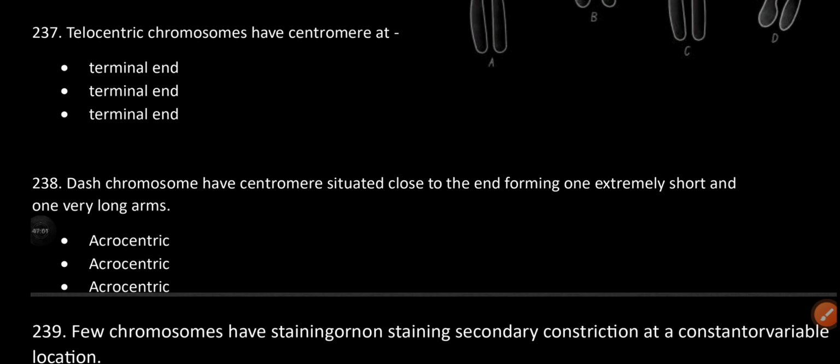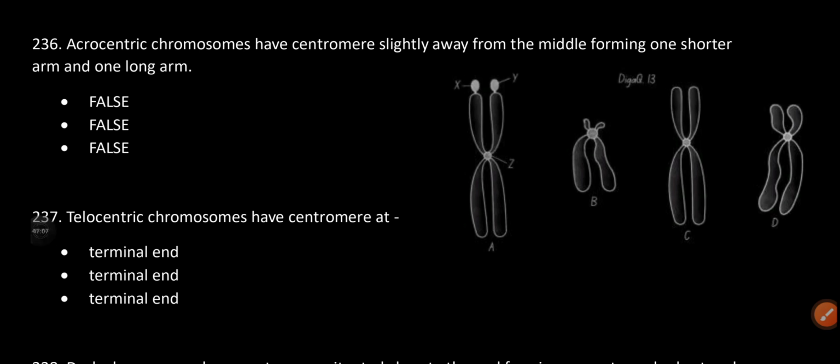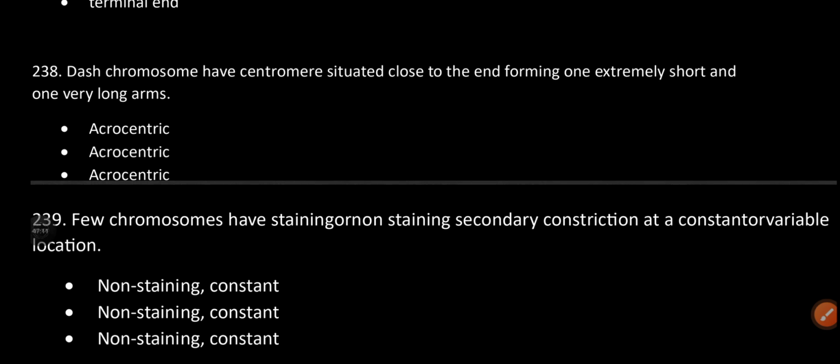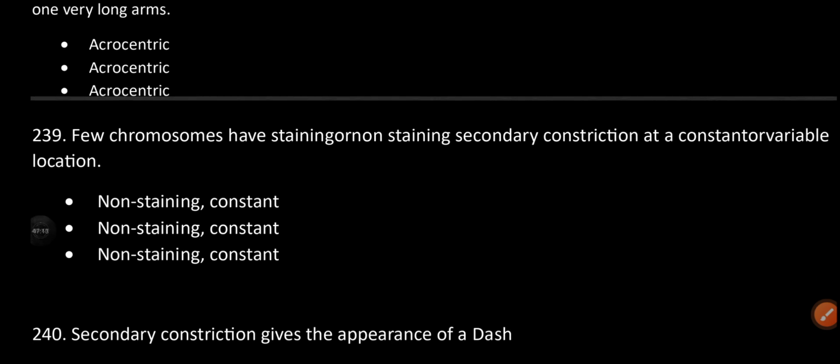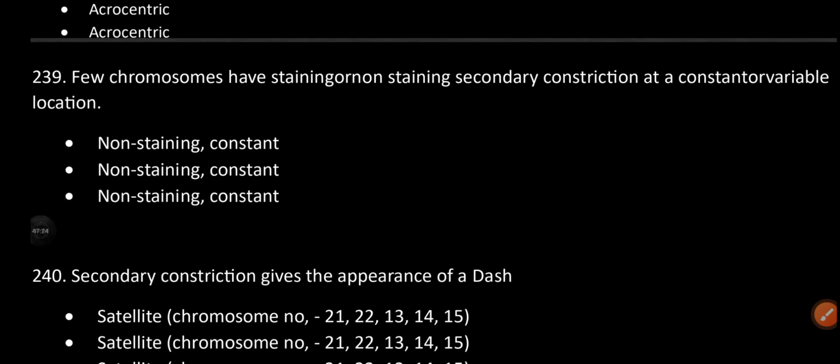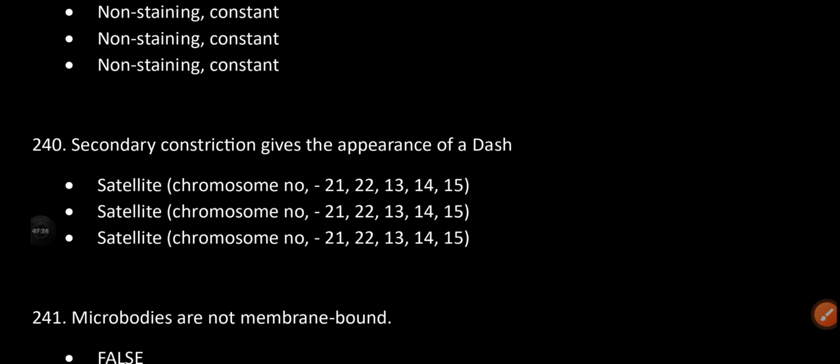Acrocentric chromosomes have centromere situated close to the end, forming one extremely short and one very long arm. Few chromosomes have non-staining secondary constriction at a constant location. Secondary constriction gives the appearance of a satellite.